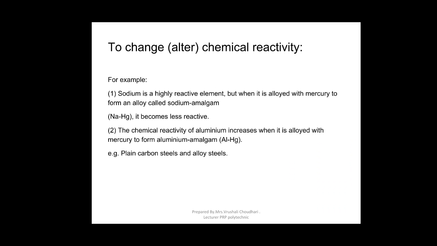Like sodium is a highly reactive metal, but when it is alloyed with mercury, it is called sodium amalgam, and it is less reactive. While the chemical reactivity of aluminum increases with alloying with mercury, that is called aluminum amalgam.